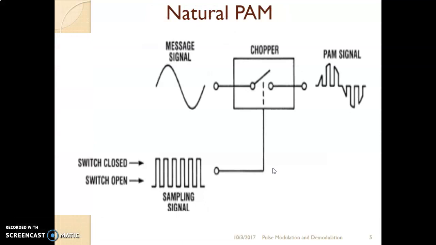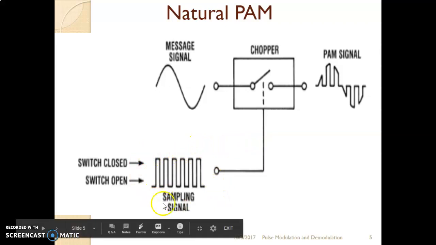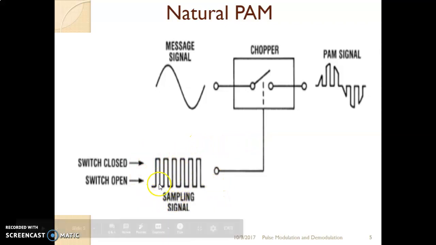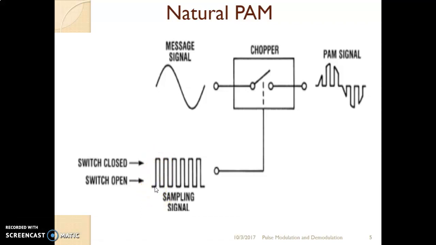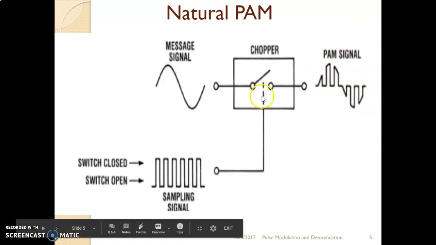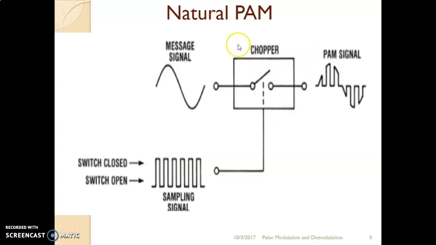Now how is natural sampling done? Natural sampling is done with the help of a chopper. You have a message signal, and the chopper is nothing but a switch whose speed is controlled by a sampling signal. When the sampling signal is at the lower position, that is when it is 0, the switch will be open and no signal will pass through to the output. When the sampling signal goes to 1, the switch will be closed and the modulating signal will pass through to the output.